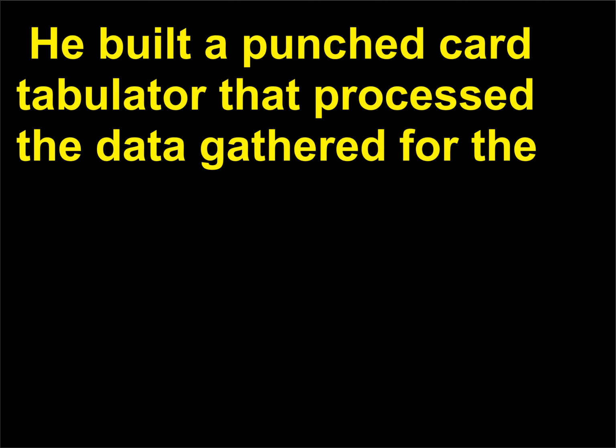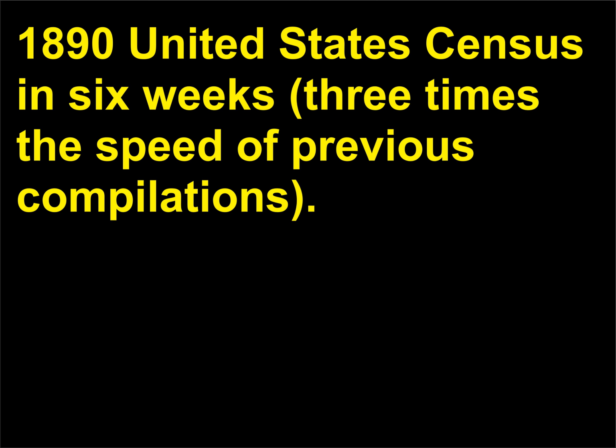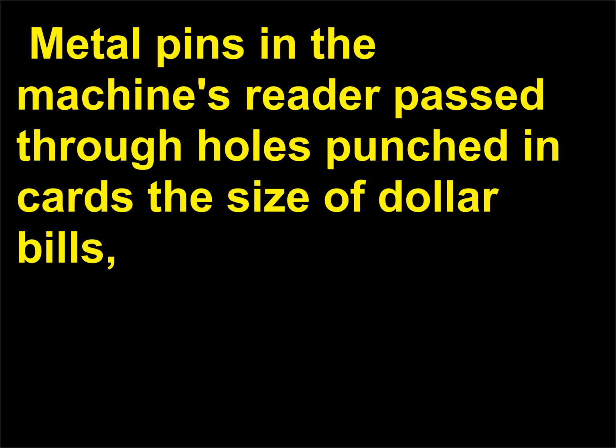He built a punched card tabulator that processed the data gathered for the 1890 United States Census in 6 weeks, 3 times the speed of previous compilations. Metal pins in the machine's reader passed through holes punched in cards the size of dollar bills, momentarily closing electric circuits.